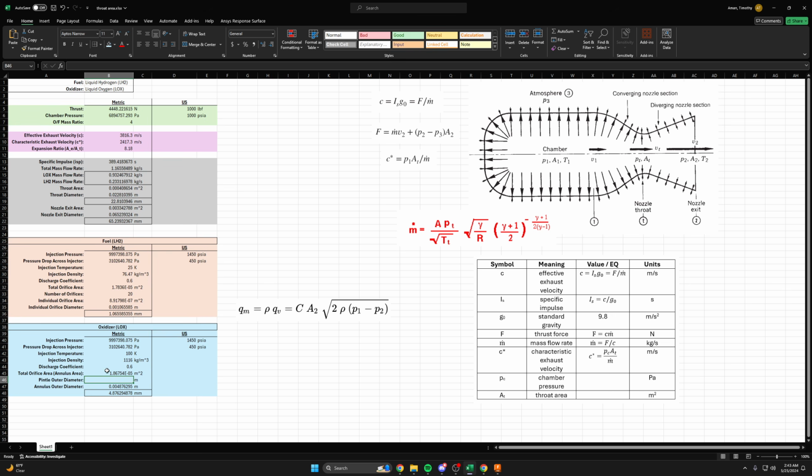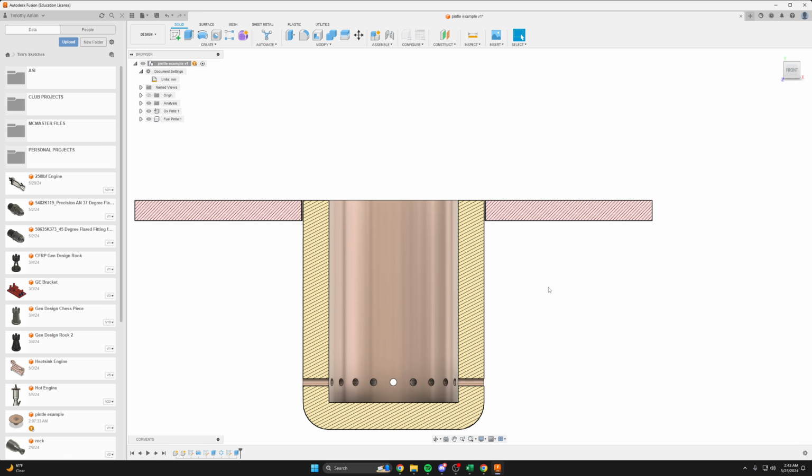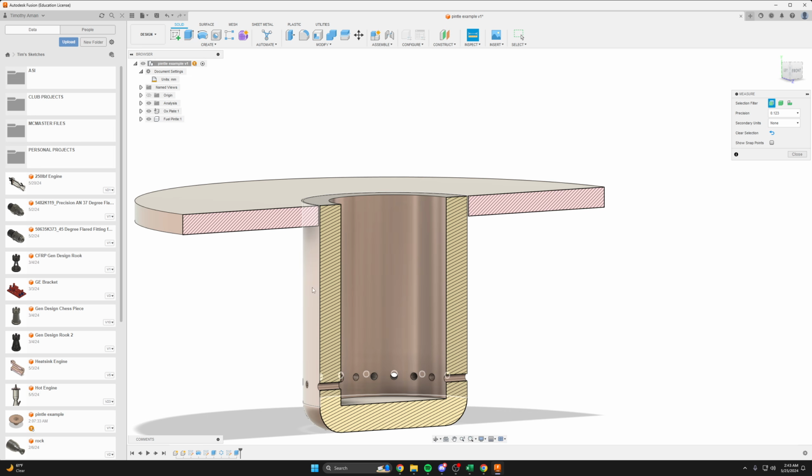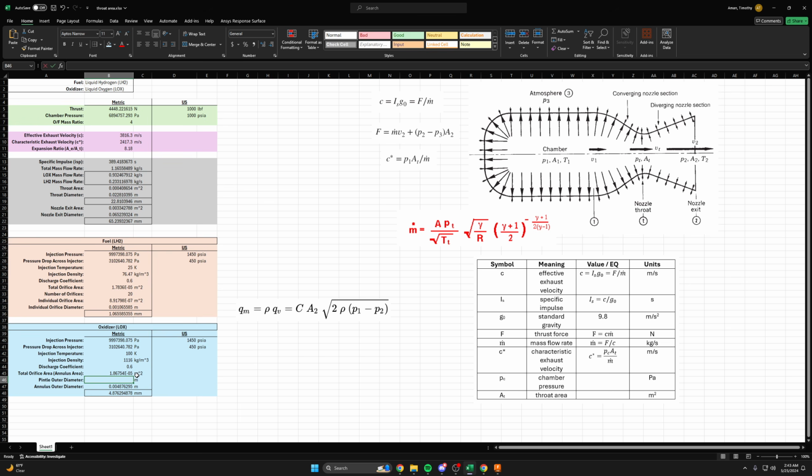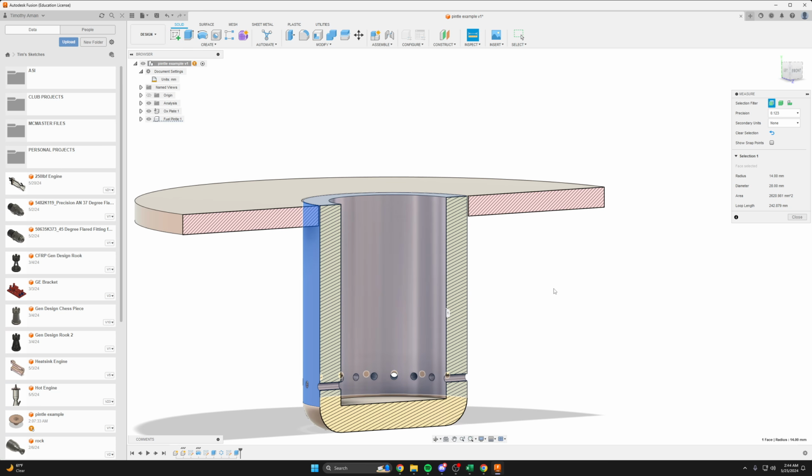And then it asks us for the pintle outer diameter. I worked up a quick little mock-up in Fusion. I think I chose a pintle outer diameter of 28 millimeters, so that's 0.28 meters. And this gives us an annulus outer diameter of 28.42 millimeters. So that's what this looks like.